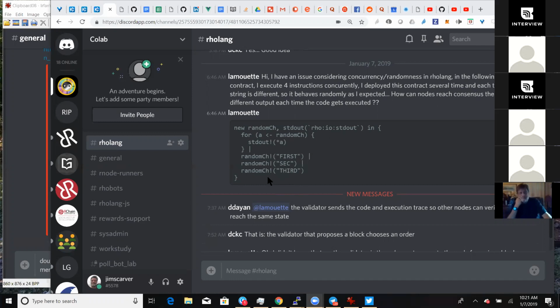No. So in general, the point is you're not trying to achieve determinism in Rholang programs. One of the best uses of non-determinism is in first come, first served algorithms like airline reservation systems. You don't want it to be deterministic. You want it to be the case that if Alice beats Bob in the race, Alice gets the seat and Bob has to get a different seat or a different flight, right?